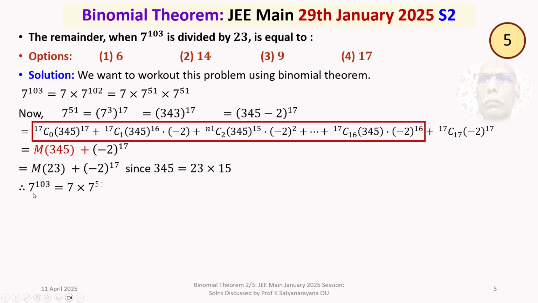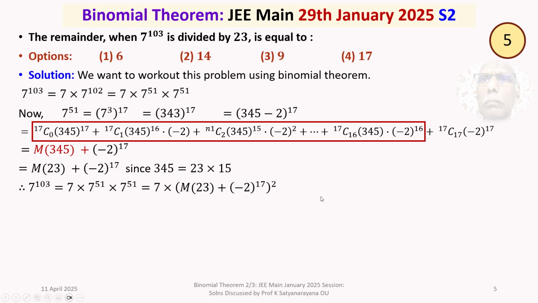Now 7 to the power of 103, recall, is equal to 7 into 7 to the power of 51 multiplied by 7 to the power of 51, which is 7 into 7 to the power of 51 whole squared, that is 7 into a multiple of 23 plus minus 2 to the power of 17, whole squared.